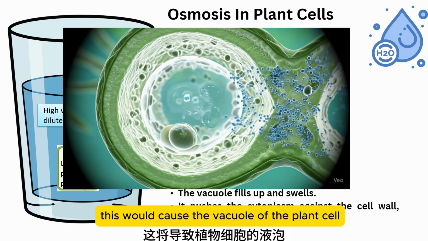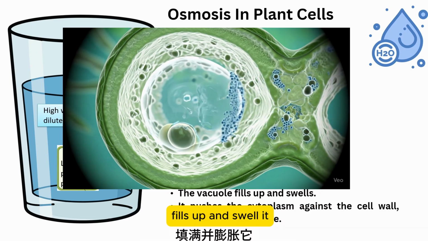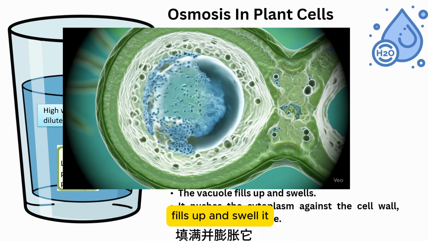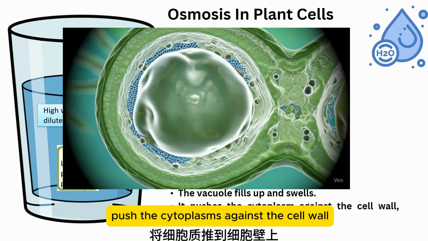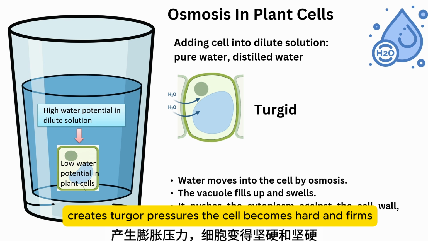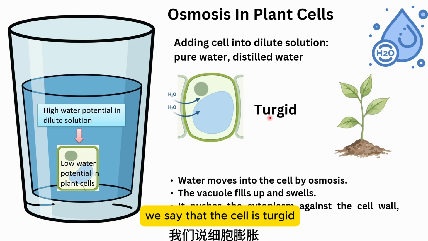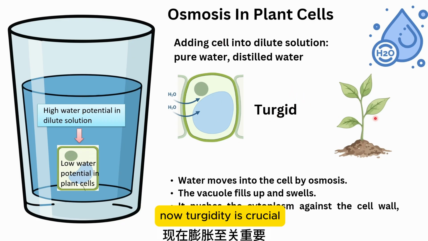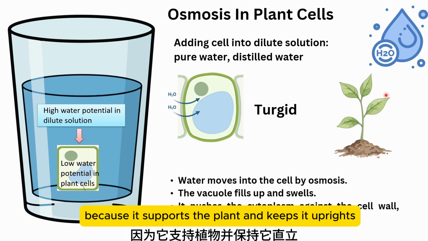This will cause the vacuole of the plant cell to fill up and swell. It pushes the cytoplasm against the cell wall, creating turgor pressure. The cell becomes hard and firm. We say that the cell is turgid now. Turgidity is crucial because it supports the plant and keeps it upright.